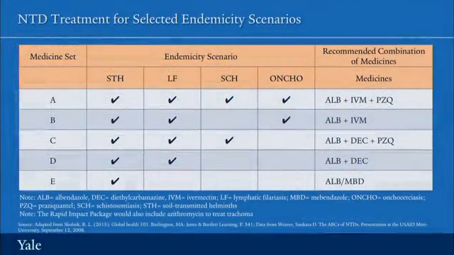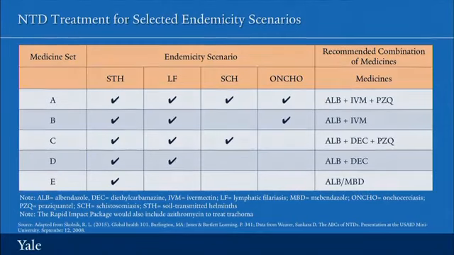So let's imagine, for example, Uganda and the districts of Uganda. And let's think of having mapped the different NTDs that are prevalent in different districts in that country. And here what we see is we've mapped them according to a number of different scenarios. If, for example, the district should only have soil-transmitted helminths, these drugs, albendazole and mebendazole, would be given.